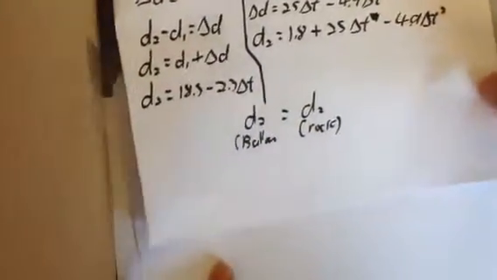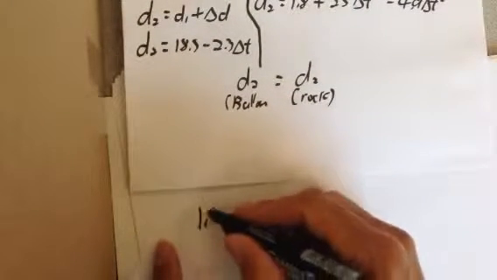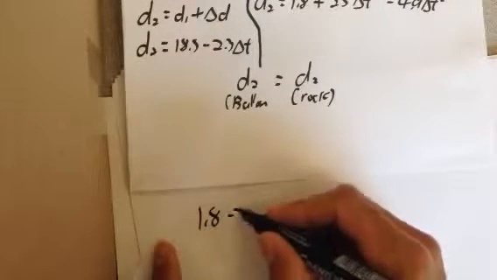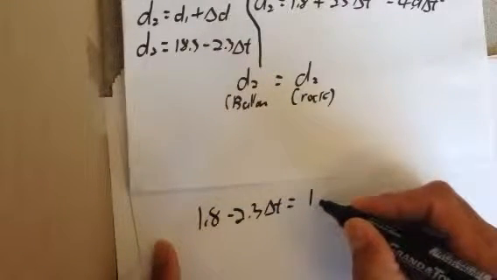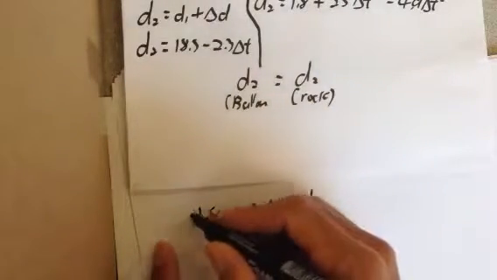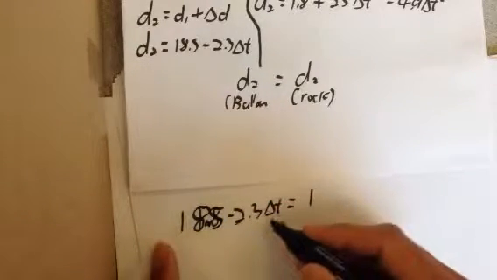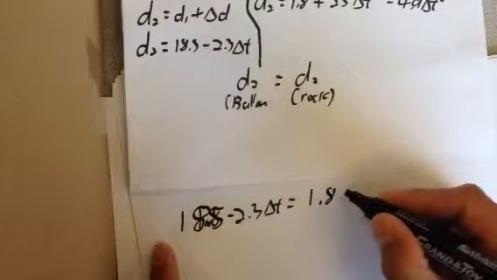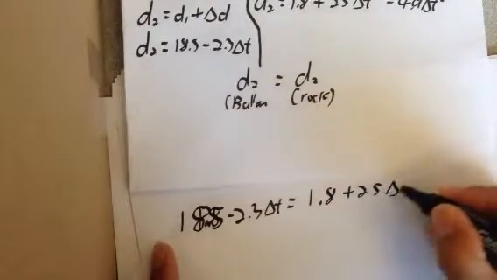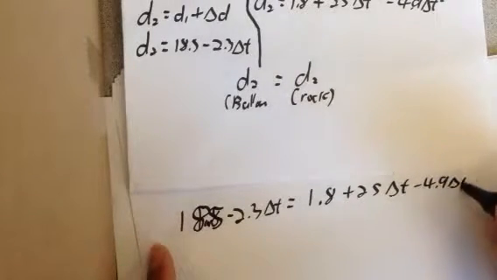So we'll just copy those out, and we have 18.5 minus 2.3 delta t is equal to 1.8 plus 25 delta t minus 4.9 delta t squared.